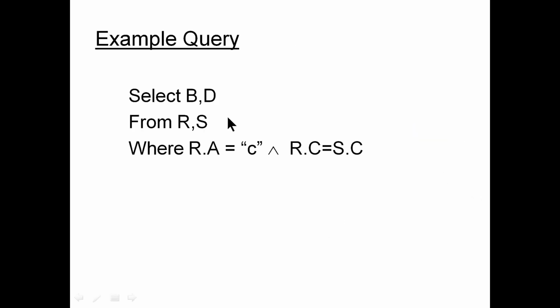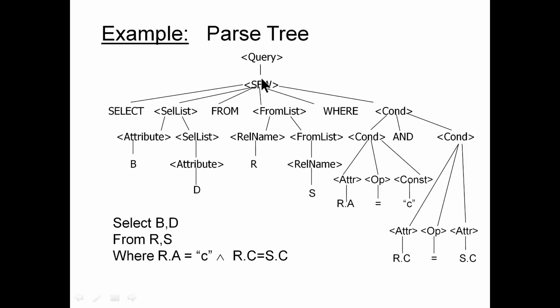In an example query like this, we have a selection of attributes from two sets where this condition is true. You can see the parse tree: SFW, select, from, where. Select has a select list of attributes; you can have further attributes in the list. In the from list, relation names are coming: relation, and then from list again relation.